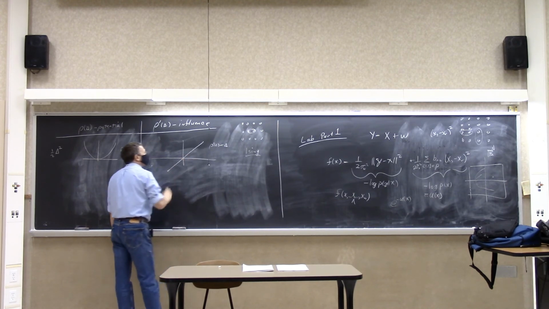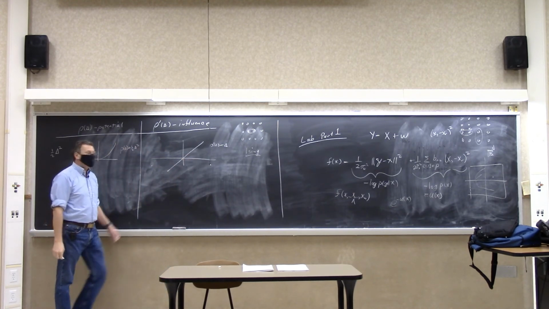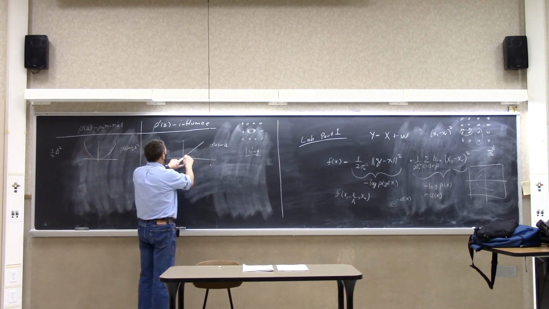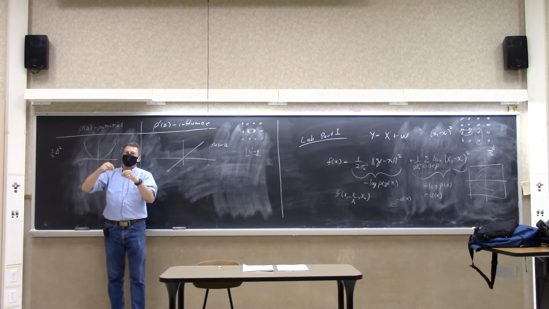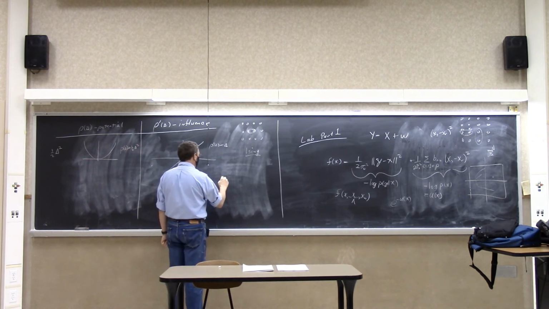So this is telling you that if I move this pixel away, it increases the restoring force linearly. So it's like a spring. The two pixels are attached by a spring.